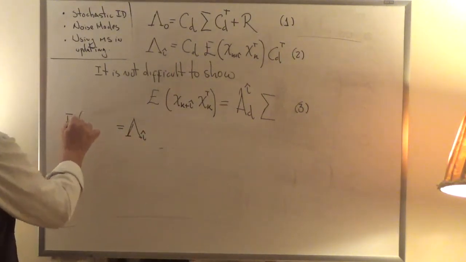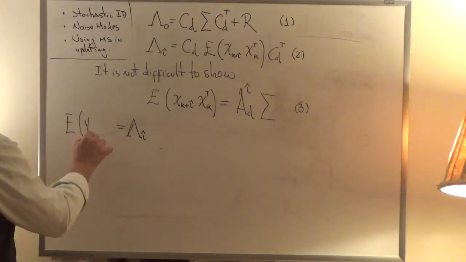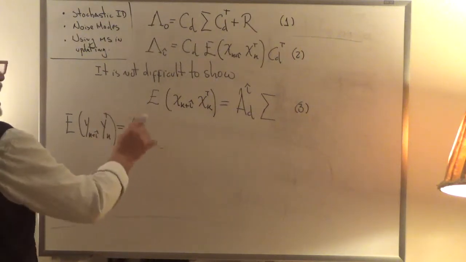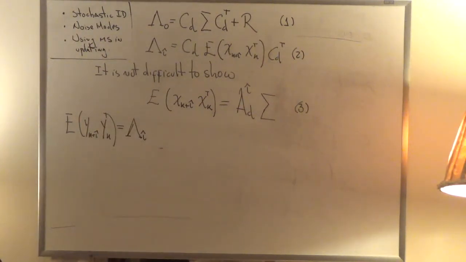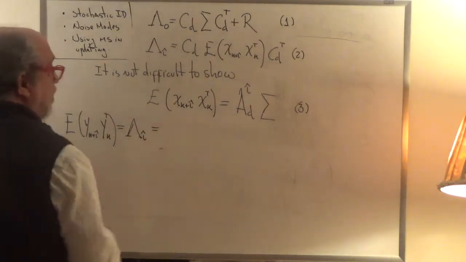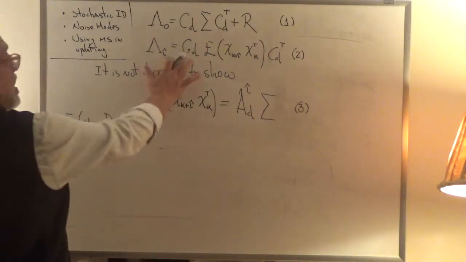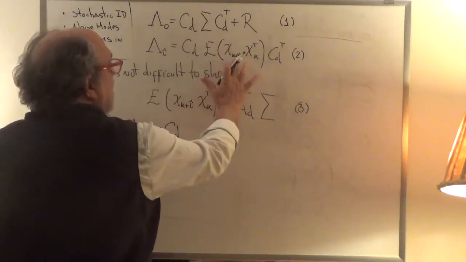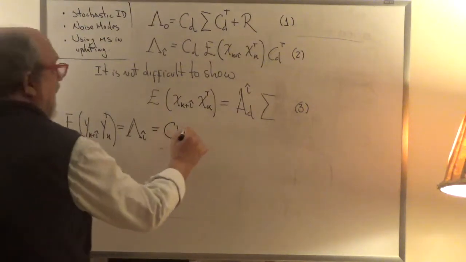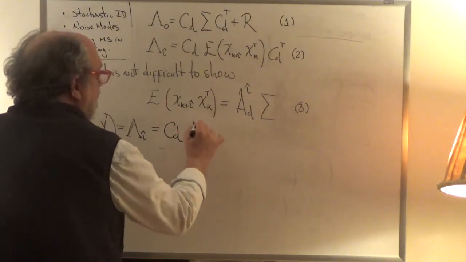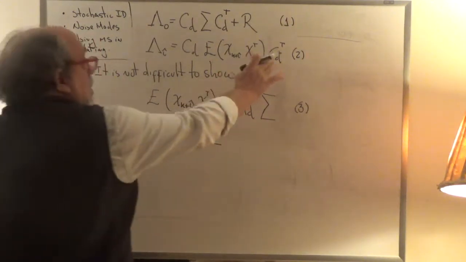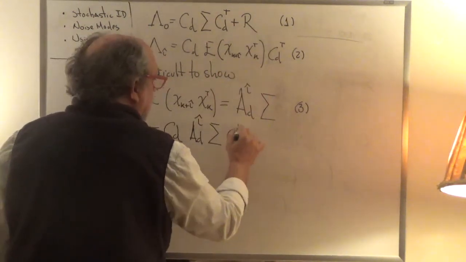Remember, this is the expectation of the output at k plus I times the output at k transpose, right? So this is something we can calculate from, or estimate from the data, right? And that thing that we can estimate from the data is equal to this. And that is equal to CD. And instead of the expectation of xk plus I, xk transpose, I can put AD to the I times sigma, right? And then CD transpose.